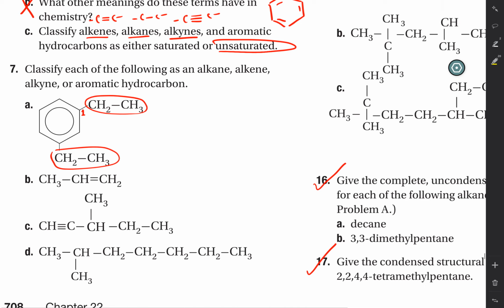We have to number the carbons inside the ring. We have to go downward because the other branch receives number 3. But if we go counterclockwise, the branch receives number 2, 3, 4, 5, so that would be wrong. So the name of this one is 1,3-diethylbenzene.